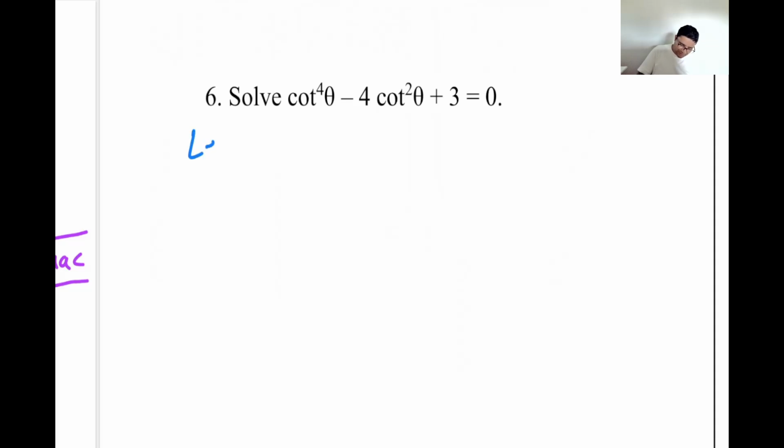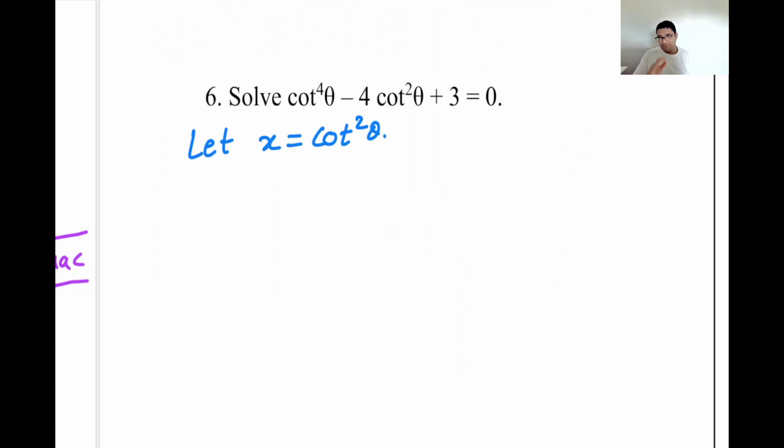So what you do is you say let x equals cot square theta. Your substitution. That was the U substitution mentioned in the strategies earlier. I'll use x, but substitution basically. And how does this help? This is one of a kind thing you have to learn and remember.